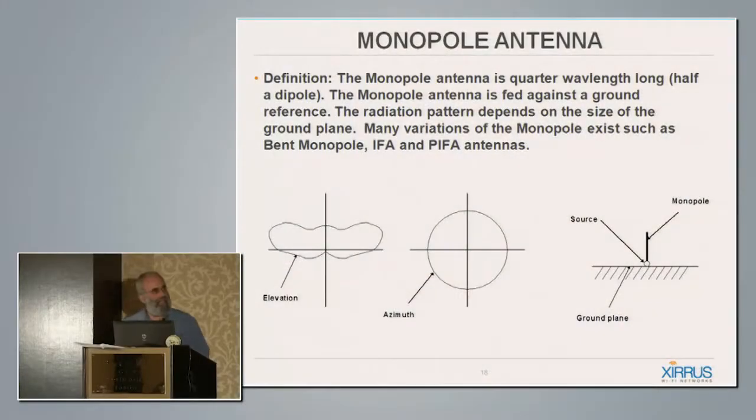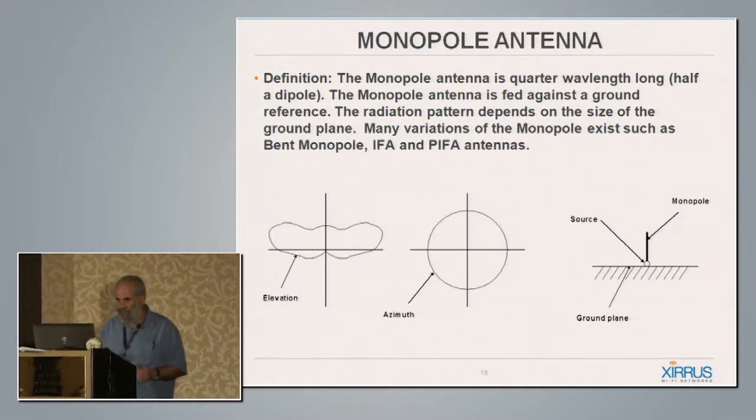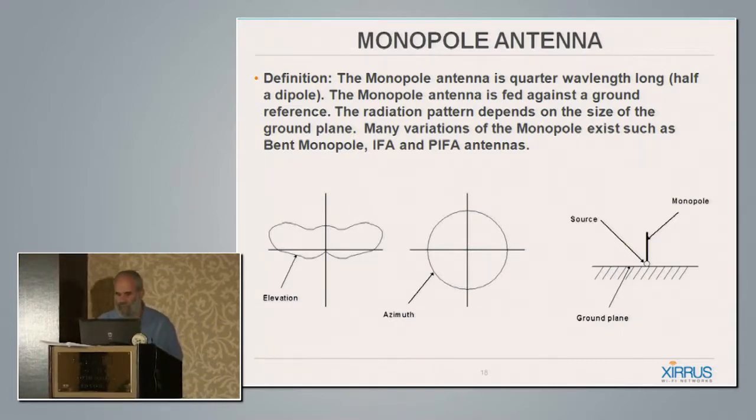One popular antenna is the monopole antenna, which is made of a ground plane and a wire, a quarter wave resonator, fed against the ground plane. So that antenna is very much dependent on the ground plane.